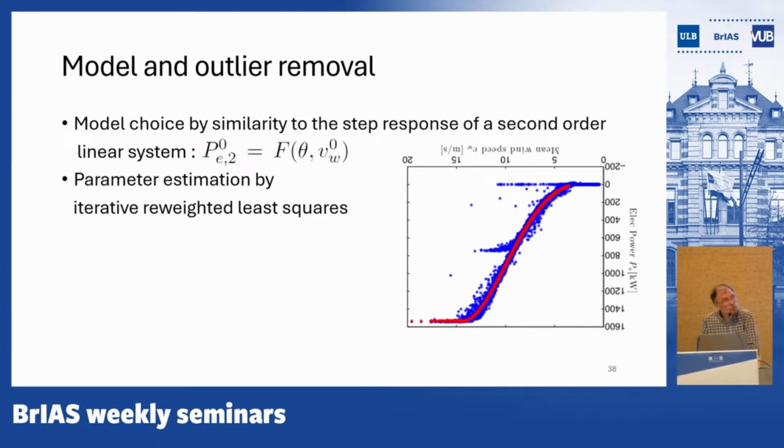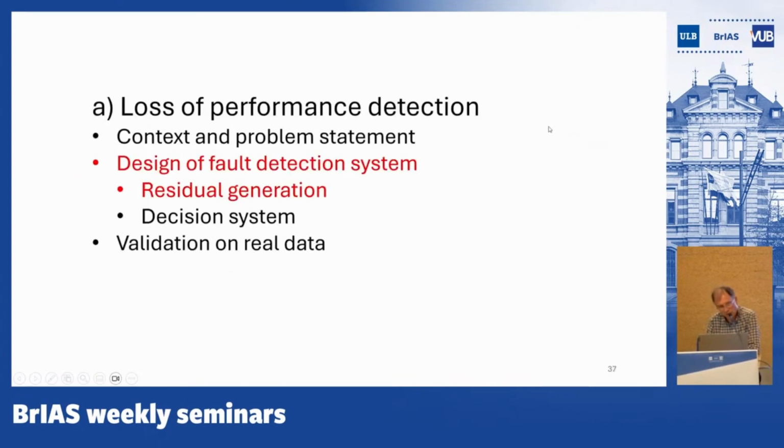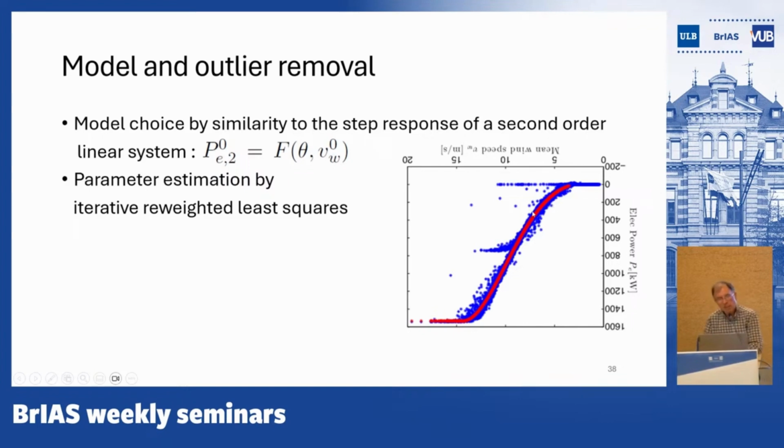Again, we will try to use very simple models. And as we are control engineers, if you flip the power curve here, and keep in mind that we are essentially interested in this operating zone, which is zone 2, corresponding to the maximum power point tracking zone, you see a curve which is very similar to the step response of a typical second-order model.